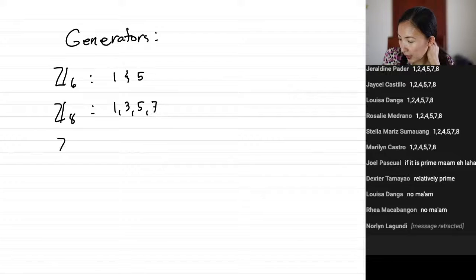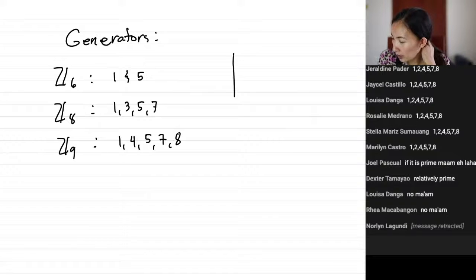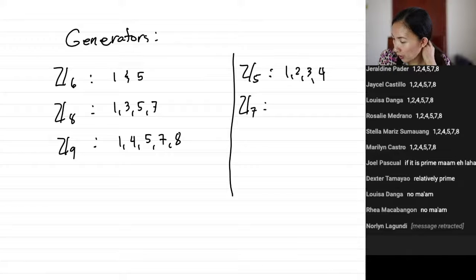For Z sub 9, we have the generators 1, 4, 5, 7, and 8. For Z sub 5, the generators are 1, 2, 3, and 4. For Z sub 7, the generators are 1, 2, 3, 4, 5, 6. For Z sub 3, we have 1 and 2.